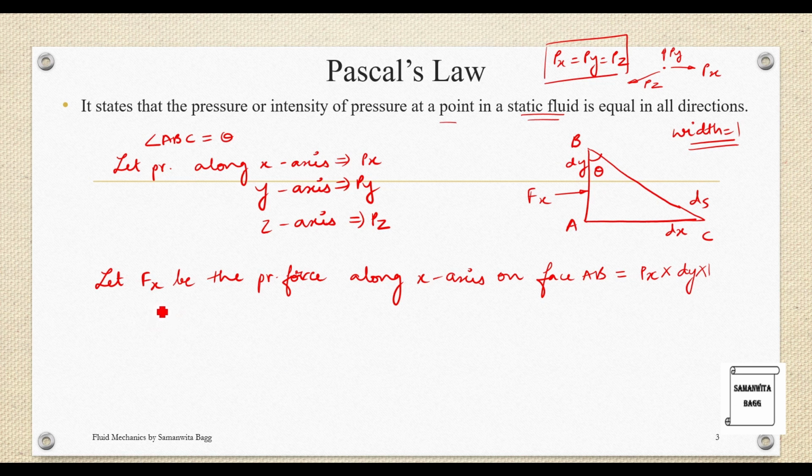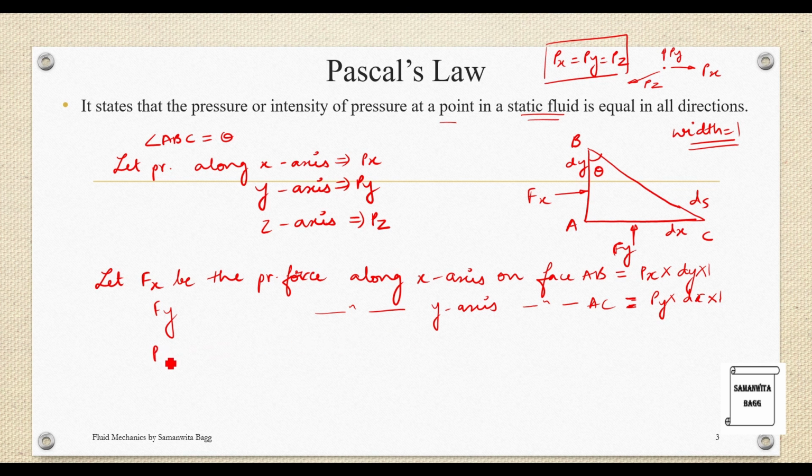Now let Fy be the pressure force along y-axis on face AC. That's here. This will become the pressure along this axis, that is Py into area, which is dx into 1.